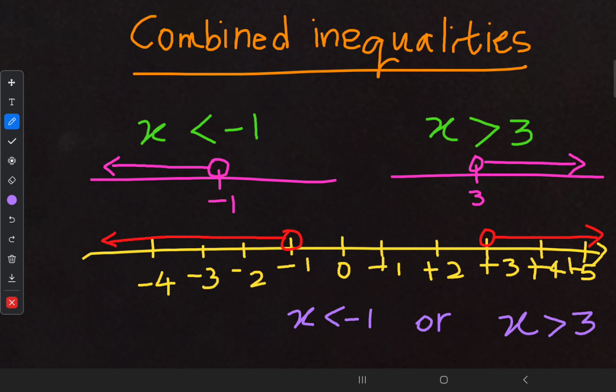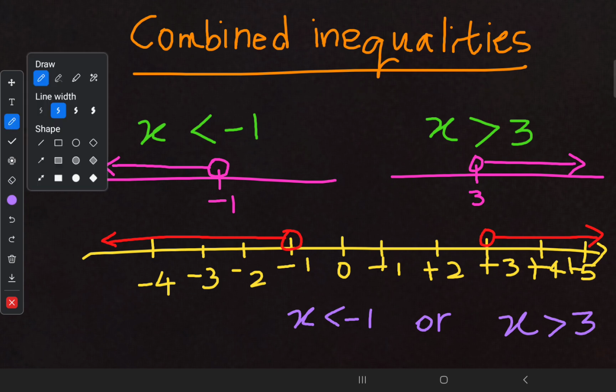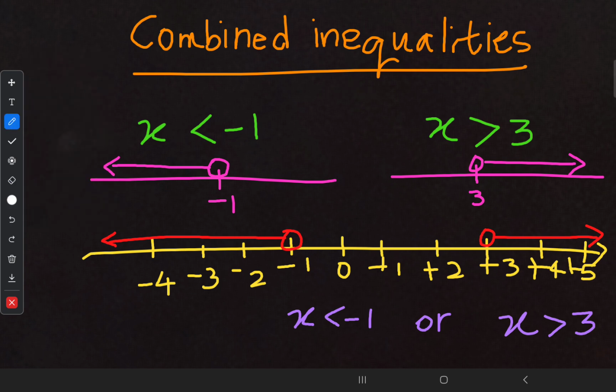This is easy. In the previous case, when we dealt with two inequalities, we had some region like this, some region which satisfies both of the conditions. But in our current example, there is no region which satisfies both of these inequalities.